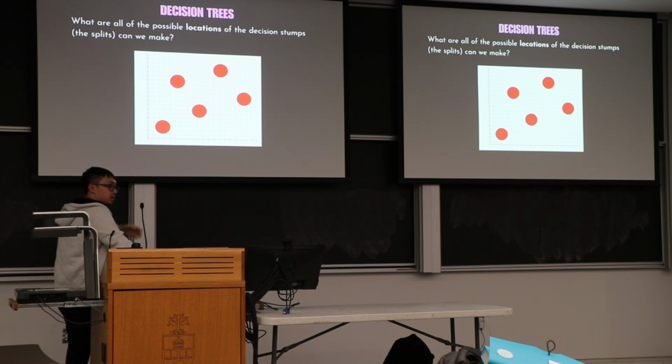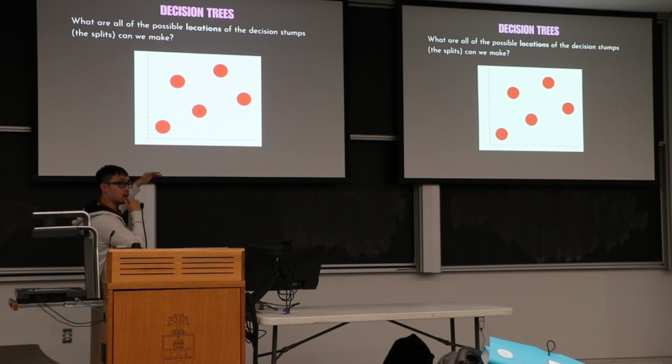Or actually, does anyone have the answer? The question is, how many possible decision stumps are there? Remember, you can partition it with respect to the y-axis as well as the x-axis.